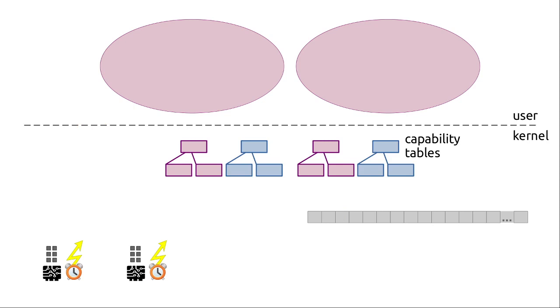Capability tables are very simply just tables that are indexed by integers, and each of those integers is called a capability, and the entry that a capability references will either hold a reference to a resource as being referred to by a system call or won't include a resource.